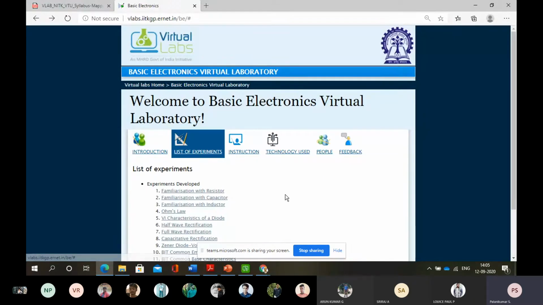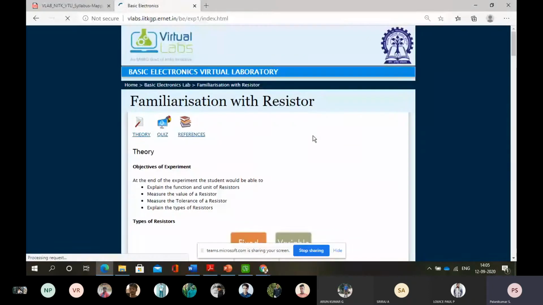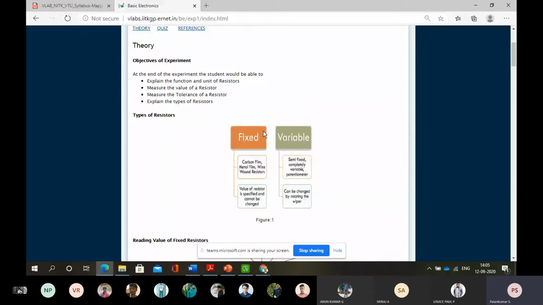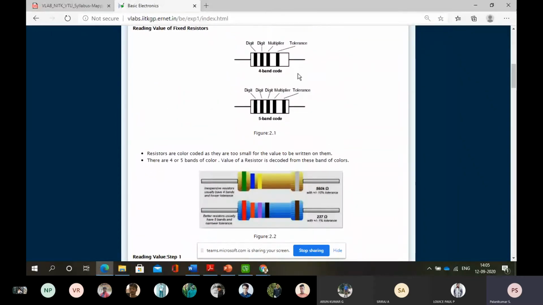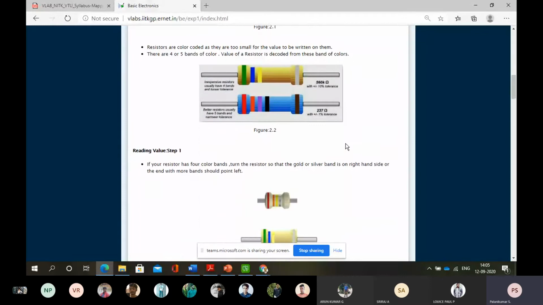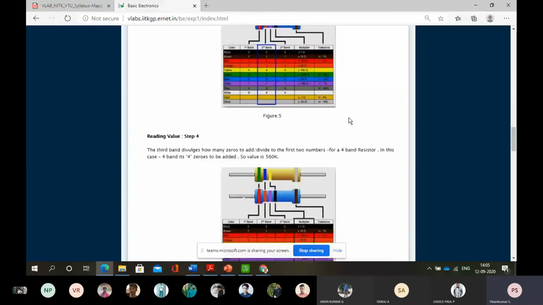In that list of experiments we see familiarization with the resistor, familiarization with the capacitor, and familiarization with the inductor. Familiarization with the resistors means there is no experiment, only learning. You completely study what is fixed and variable, and what the 4 band, 5 band, and 6 band resistors are. Already we covered that, no?